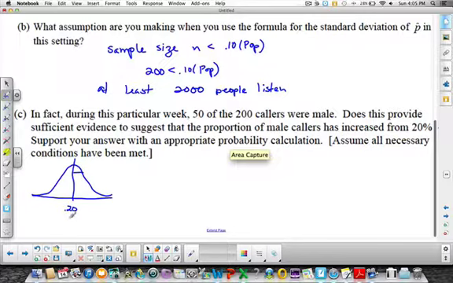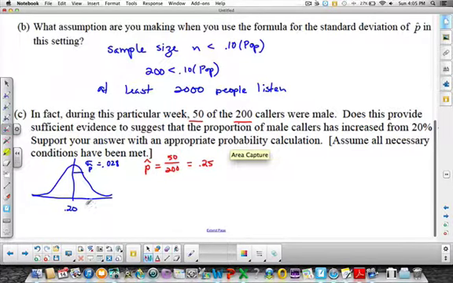So we can assume that the sampling distribution is approximately normal. The mean of the sampling distribution would be 0.2. The standard deviation of my sampling distribution from above is 0.028. Now in this particular case, if 50 out of the 200 actual callers were male, that means that p hat was 50 divided by 200, which is 0.25.